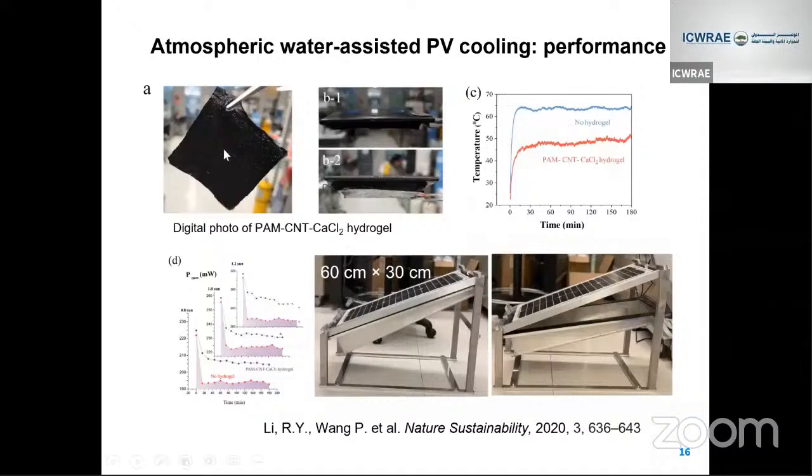You see, with the material on the backside of the PV cell or PV panel, in this case, the temperature of the same PV panel was reduced by around 15 degrees Celsius. Our results from field tests in the Kingdom of Saudi Arabia showed us that this design was able to increase the electricity generation by the PV panel by as much as 19%.